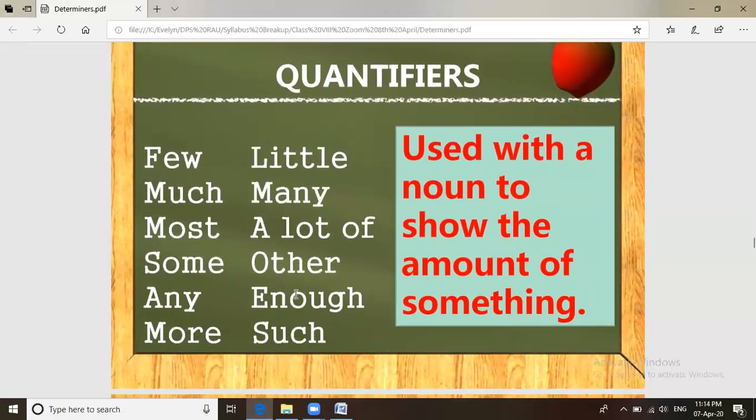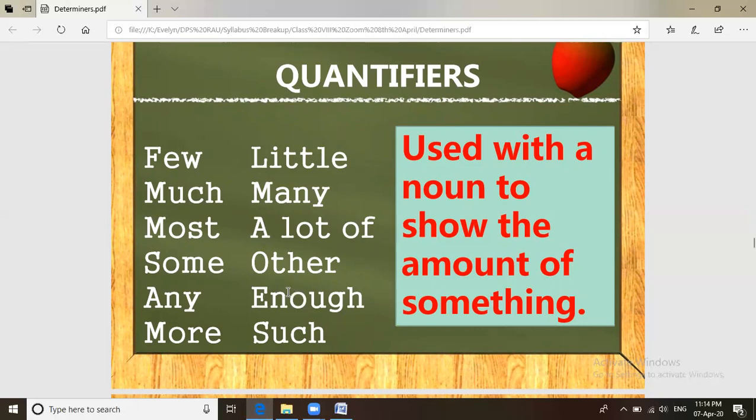Quantifiers. Quantifiers are just words that tell us about the quantity or the amount. Few books, much labor, most students, some children, any fruit, more money, little work, many hassles, a lot of problems, other options, and so on.